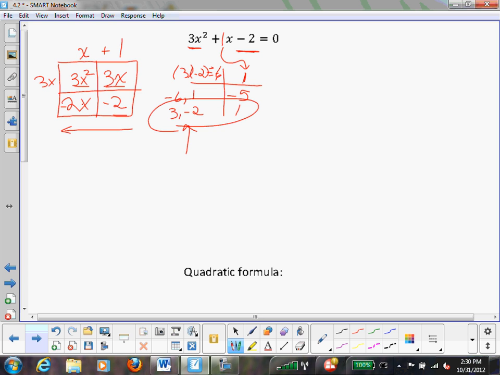And what's common between negative 2x and negative 2? It's determined to be negative because that value is negative. If the one closest to where you're writing these answers is negative, then you pull out a negative number. If this one was positive, then I would just pull out a 2. So my factors are x plus 1 and 3x minus 2, and so we know our solutions are negative 1 and 2/3.